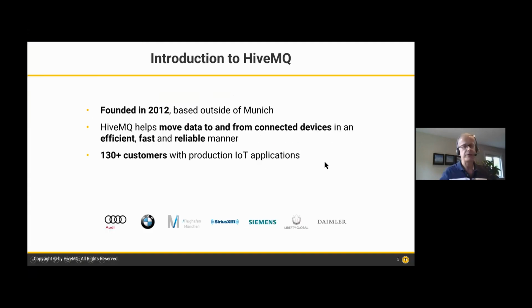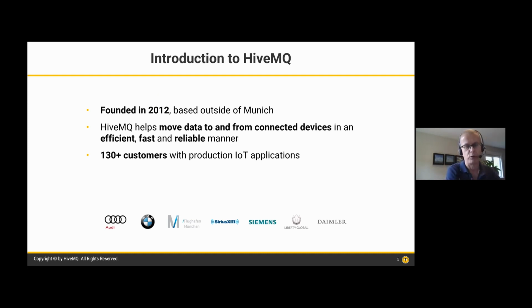With that, I'd like to do a brief introduction to HiveMQ if you're not familiar with it. HiveMQ is a software company based in Germany, just outside of Munich. We provide an MQTT platform, helping customers move data to and from their connected devices.